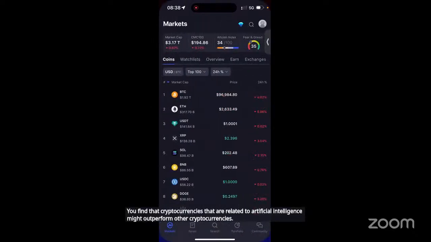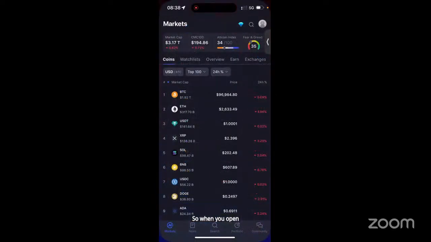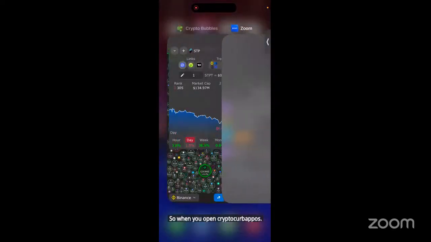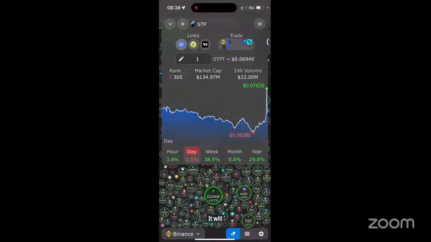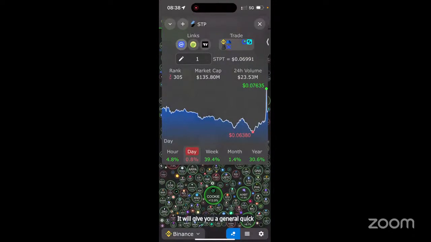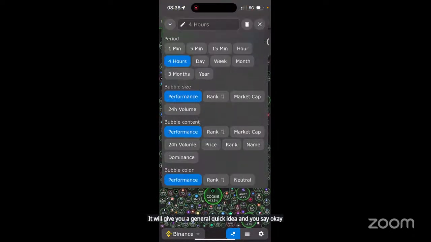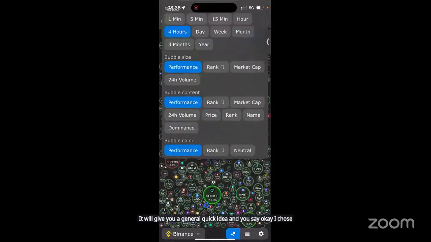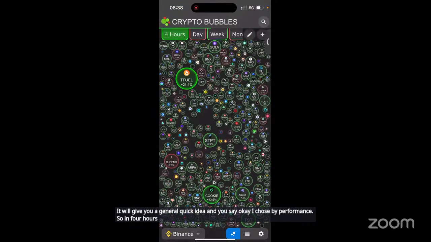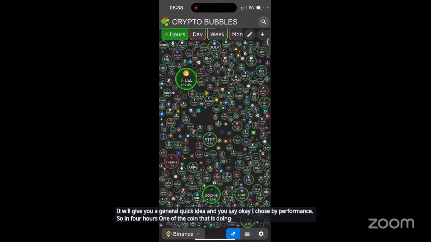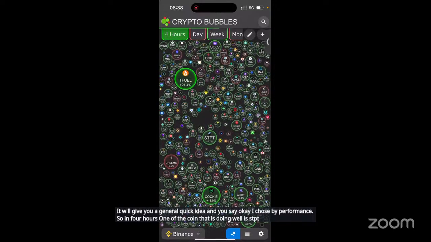So when you open crypto bubbles, it will give you a general quick idea. And you say, okay, I chose by performance. So in 4 hours, one of the coins that is doing well is STPT, is T-Fuel. So you tap on it.